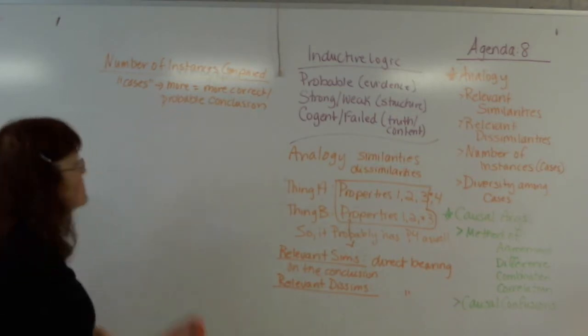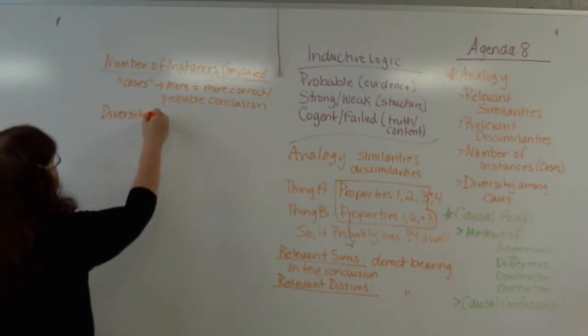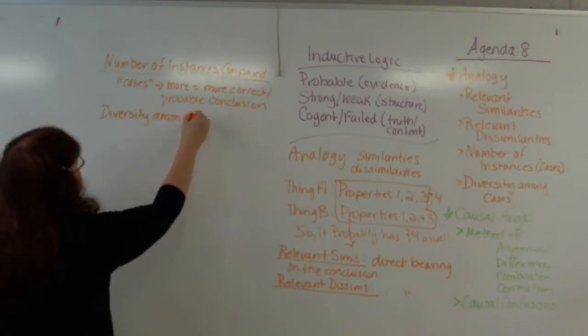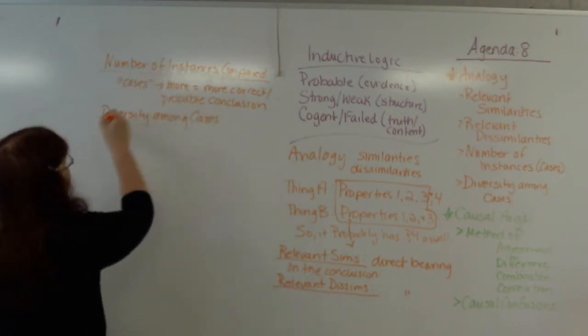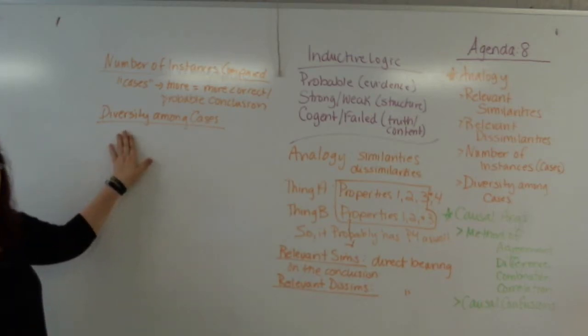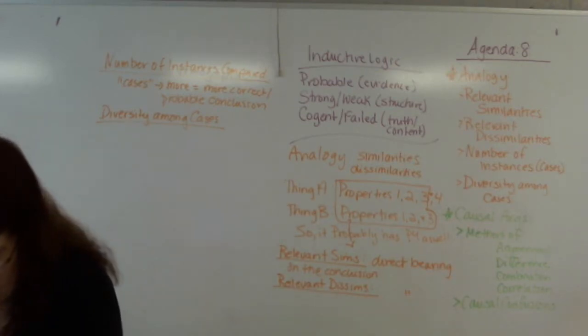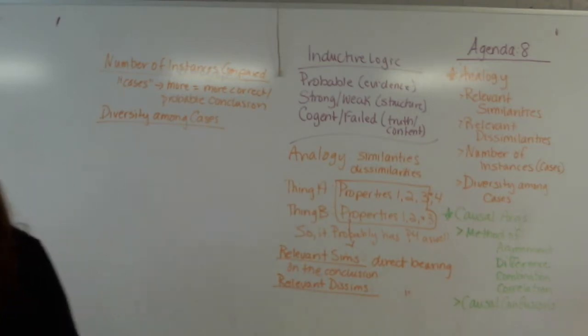The other way is the idea of diversity among the cases. When we're talking about our properties, how diverse are they? How many different things still behave the same way? Dr. Vaughn gives a really good example of that at the top of page 286.